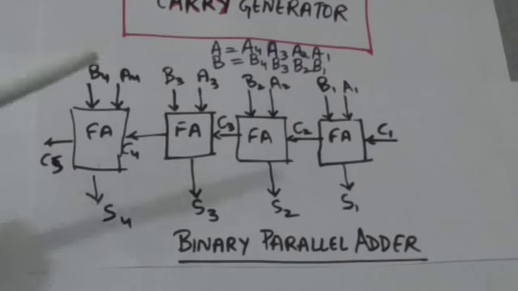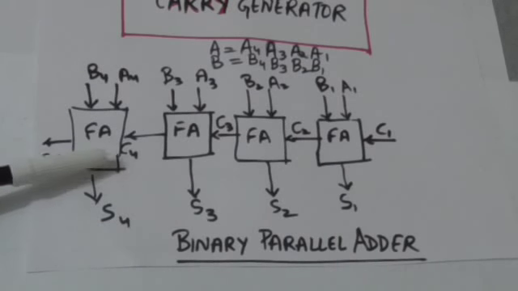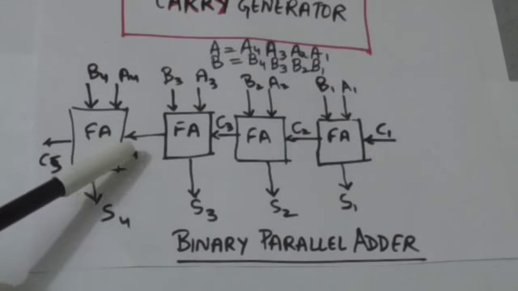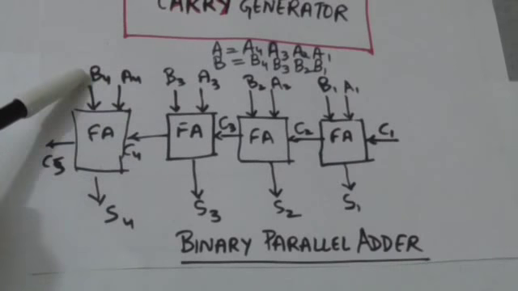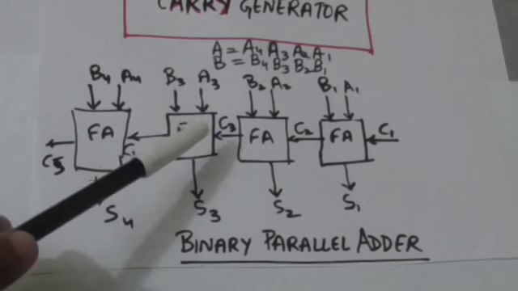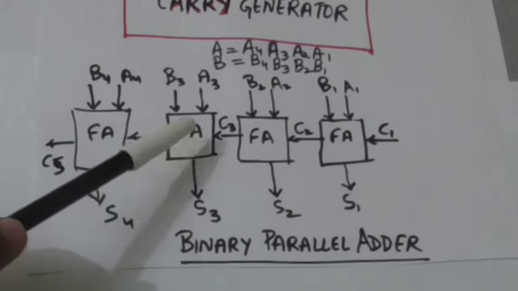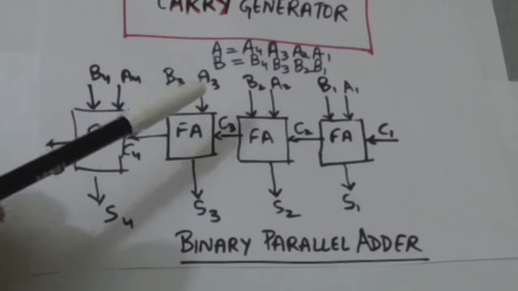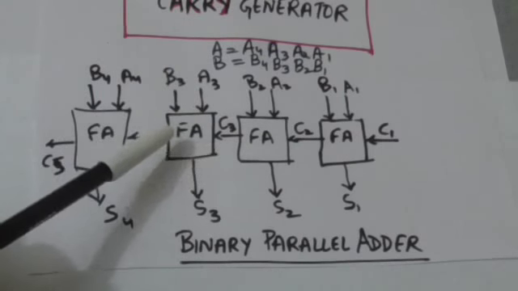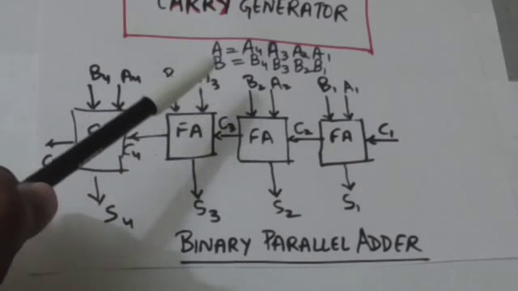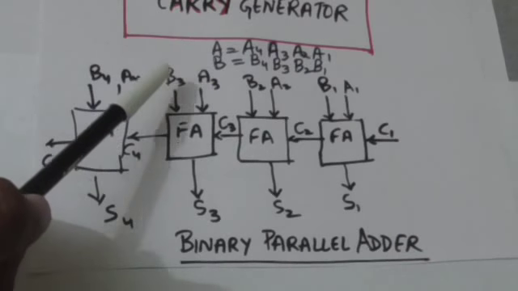Now look at this full adder. This can't produce correct value of S4 and C5 unless it has correct value of C4 along with A4 and B4 as input. C4 is produced as output by this full adder. This full adder can't produce correct value of C4 unless it has correct value of C3 along with A3 and B3.